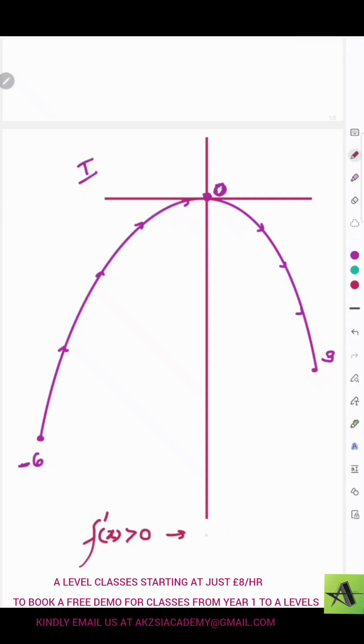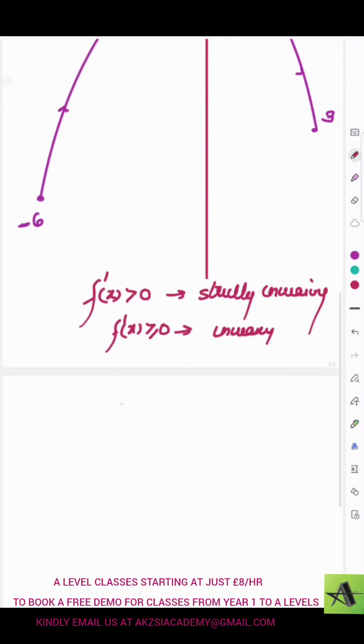In that case, it's strictly increasing. And if f dash x is greater than or equal to 0, then it is increasing, because obviously we are including the case where f dash x equals 0.